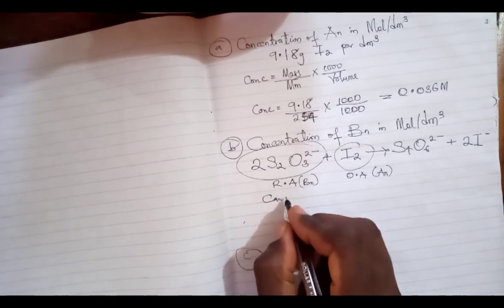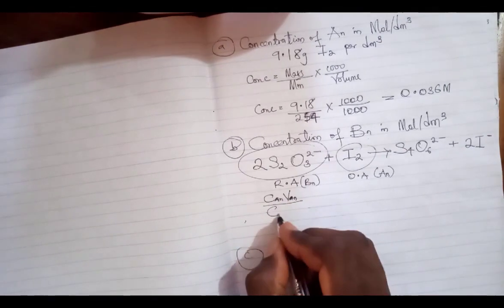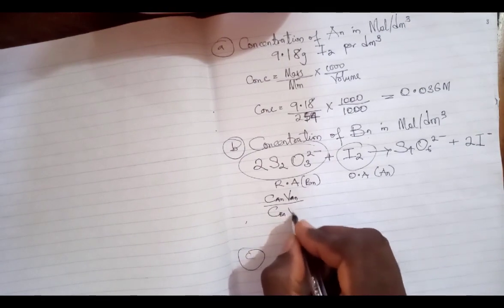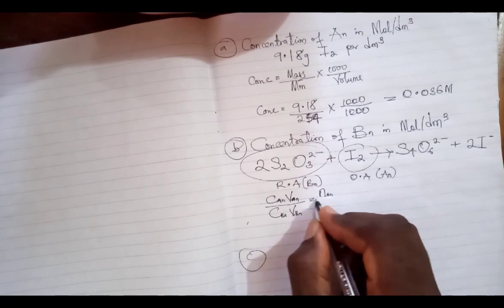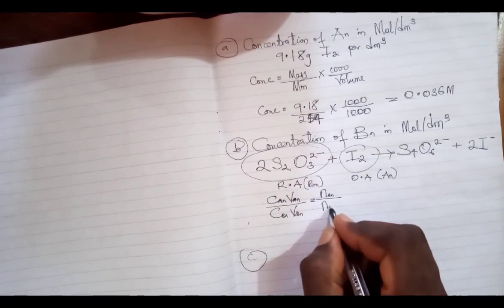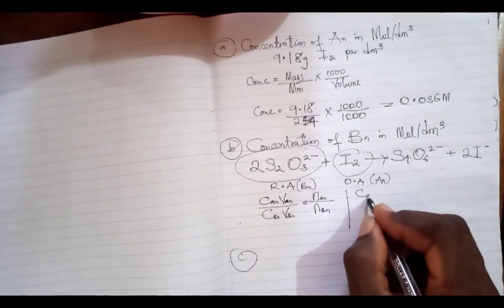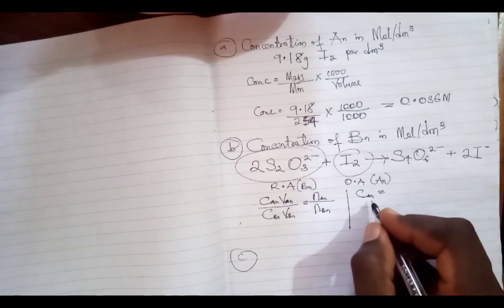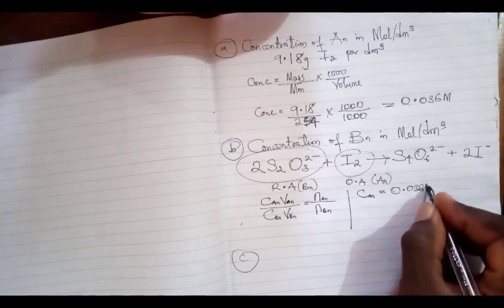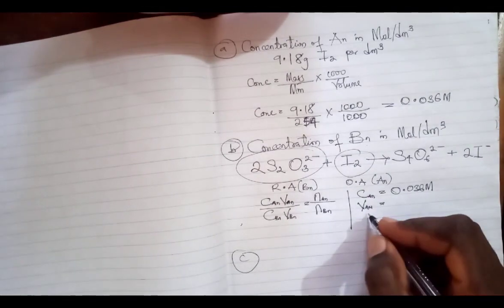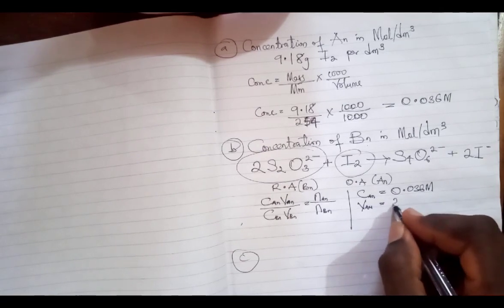CAN VAN over CBN VBN equal to NAN over NBN. Okay, where our CAN is the concentration of the iodine, which is 0.036 mole, while VAN is the 25 cm cube of iodine measured into the conical flask.